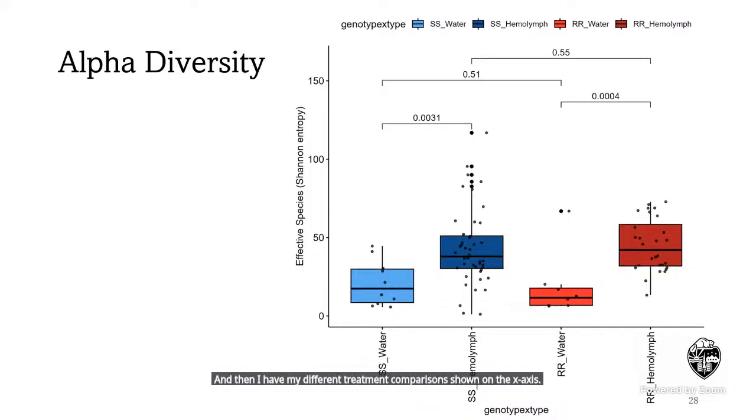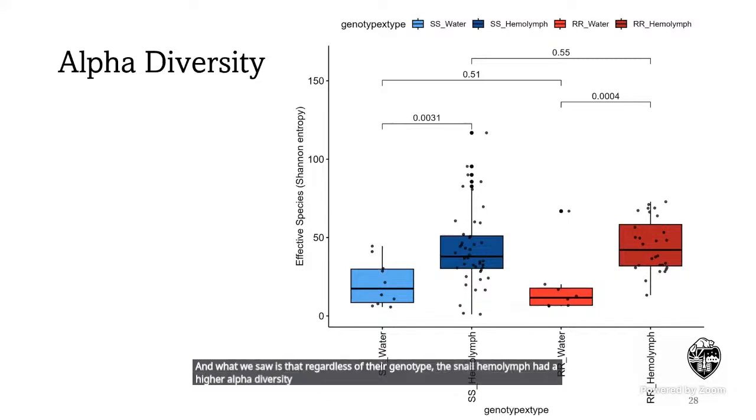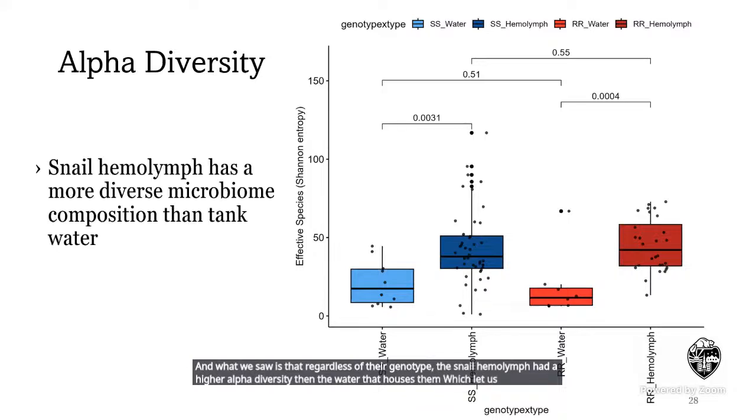I have the water and the hemolymph from the SS inbred line shown in blue, and the water and the hemolymph from the RR inbred line shown in red. And what we saw is that regardless of their genotype, the snail hemolymph had a higher alpha diversity than the water that housed them, which led us to conclude that the snail hemolymph has a more diverse microbiome composition than its tank water.